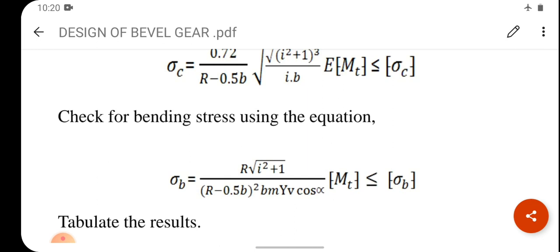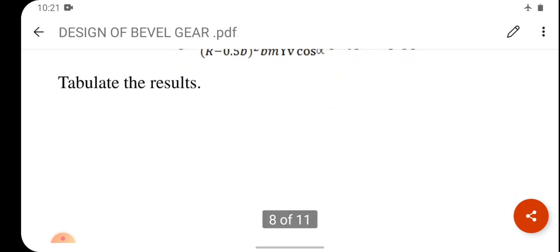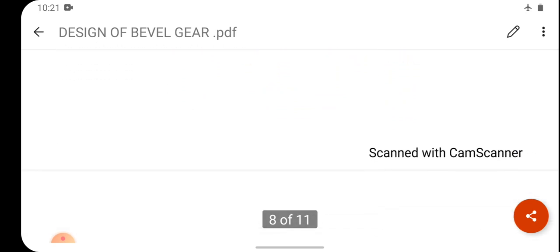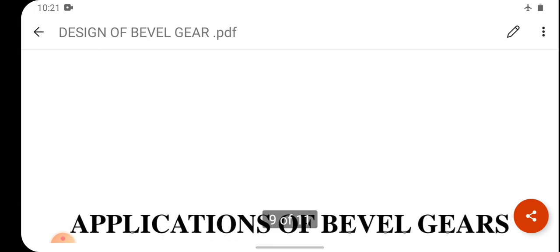This is the special value given in the question. So in the first case, sigma c value less than or equal to sigma c in the square bracket, and sigma b value after calculation less than or equal to sigma b in the square bracket. So tabulate the result, you will get the actual value of bevel gear.